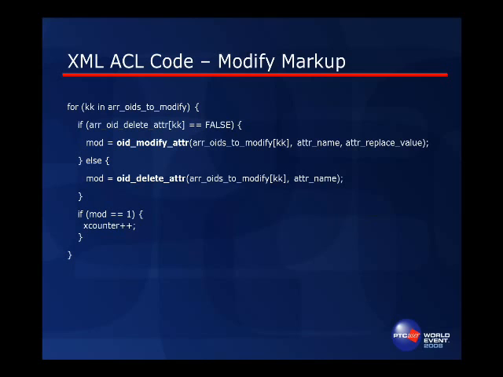So I've got basically a nice big array of OIDs that I know I want to modify. I don't want to modify the ones that are generated text, for example, when I'm marching through all the nodes. And in this function here, I already know what attr name and attr replace value is. And it shows that I've got some logic around whether I'm supposed to delete the attribute or not.